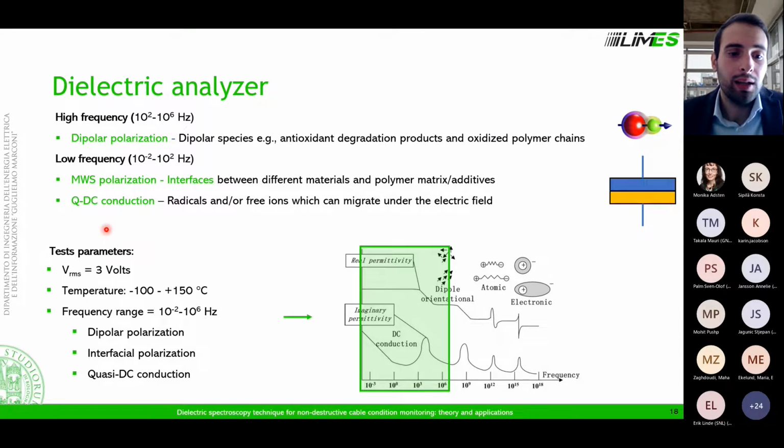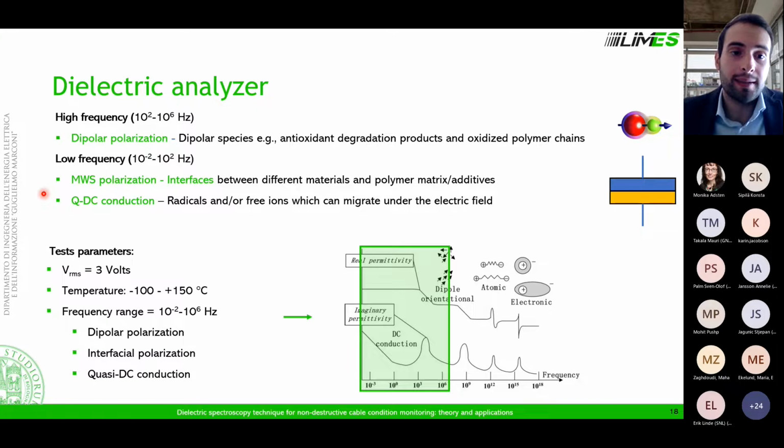It is evident that the region to focus on is the higher frequency region, which is related to the dipolar polarization, which can in turn be related to oxidation products, both antioxidant degradation products and oxidized polymer chains. We will also discuss the low frequency response in the following slides, but we can conclude that if we have a high concentration of additives, the interfaces are very high, and we cannot see the contribution of oxidation products.